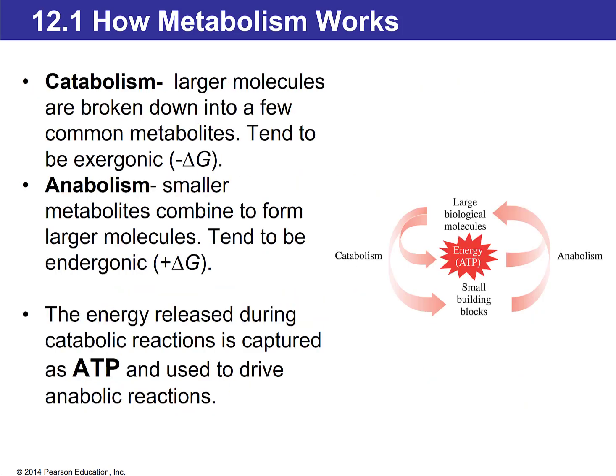In looking at them, one feeds the other. Doing catabolism, doing breakdown reactions, provides building blocks and energy. Notice in this reaction we get ATP. In this reaction we're going to get the small components that your cell will need in order to build larger structures.